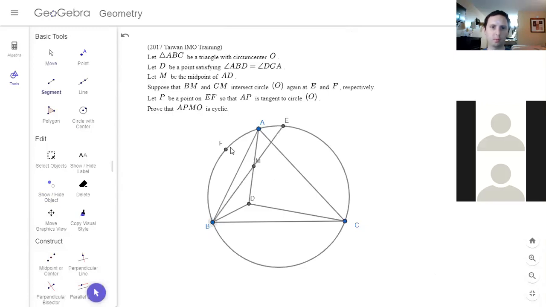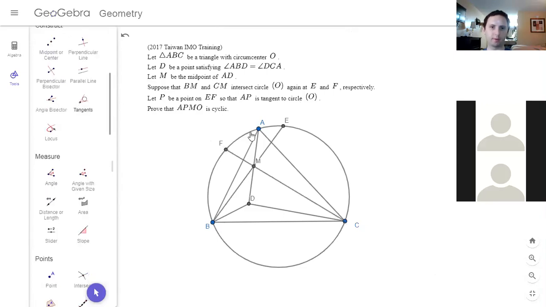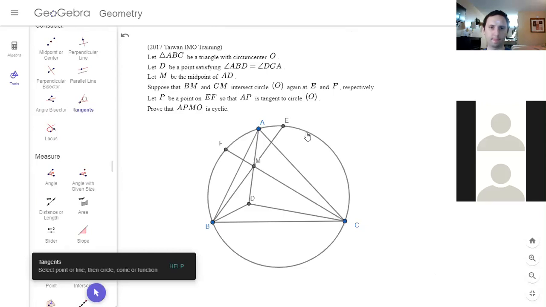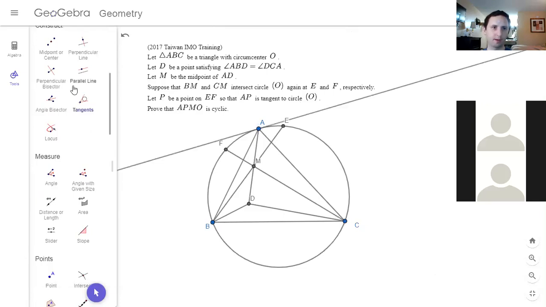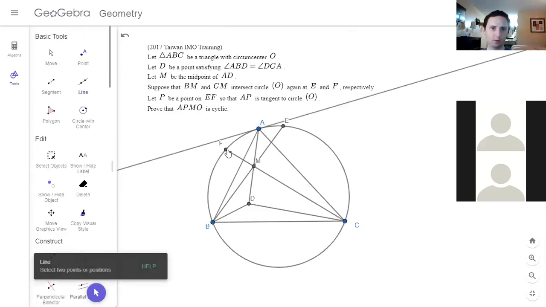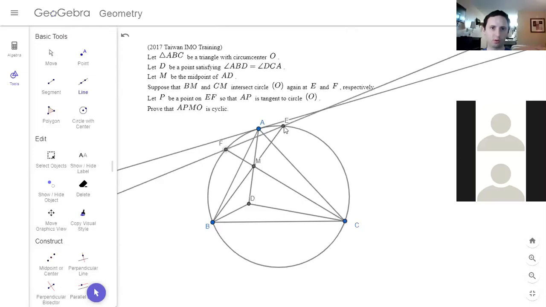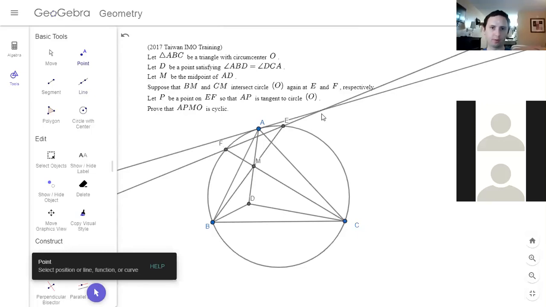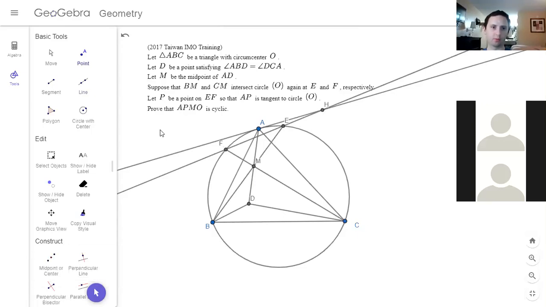Let P be a point on EF. Okay, so we draw the tangent to the circle at A, and we let it intersect EF at point P. And then we want to show that APMO is cyclic. So I'm going to want to draw O, of course.